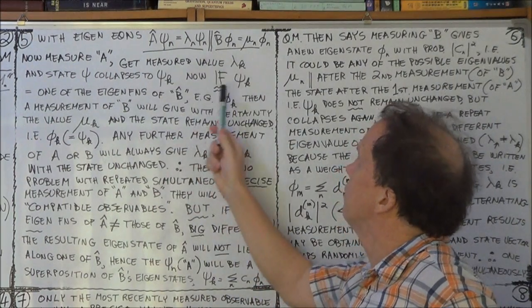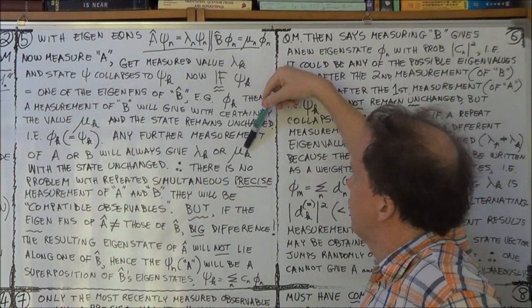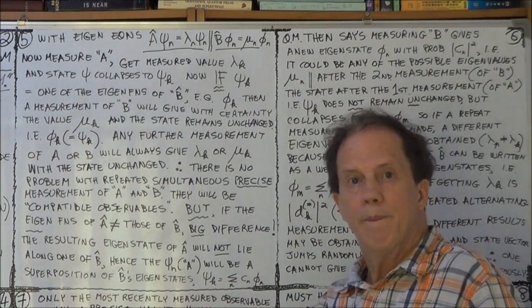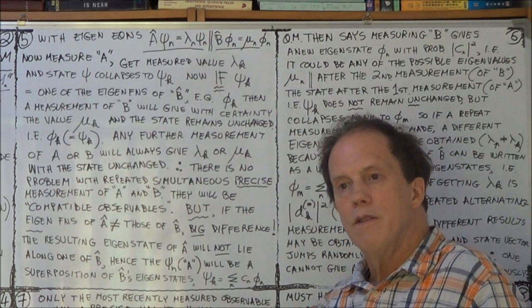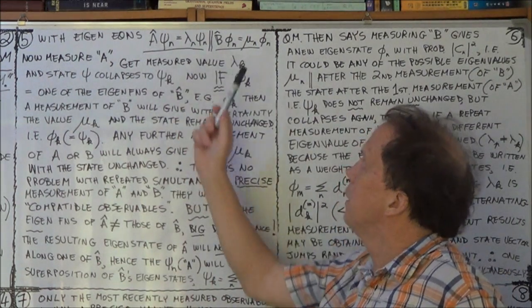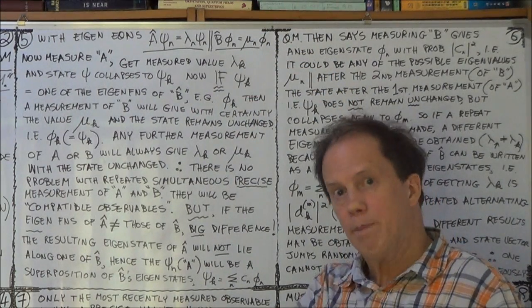You'll know with certainty you'll get this value for A, and this value for B. So you know with precision the values of these two observables, A and B. They are lambda k and mu k.